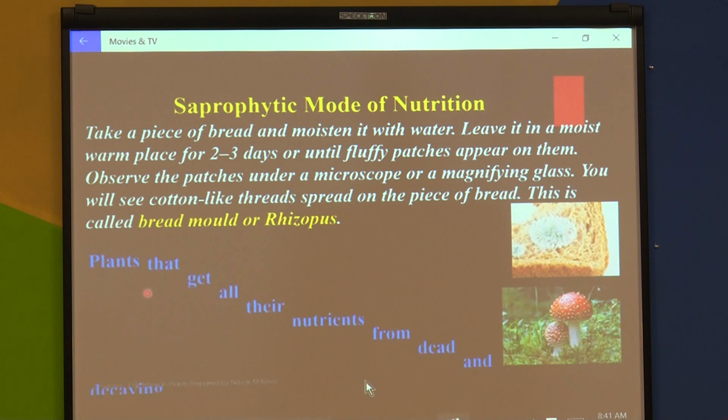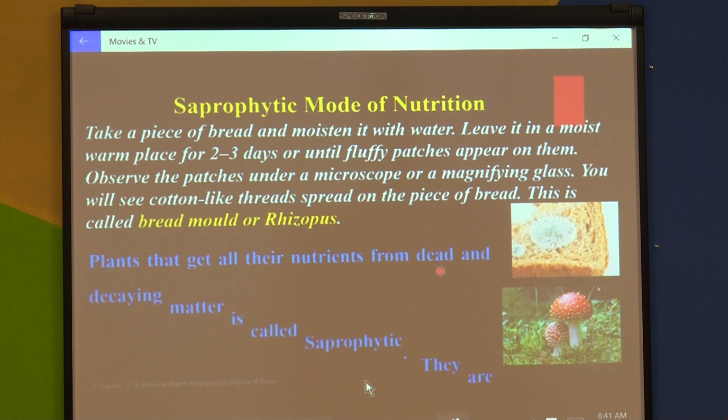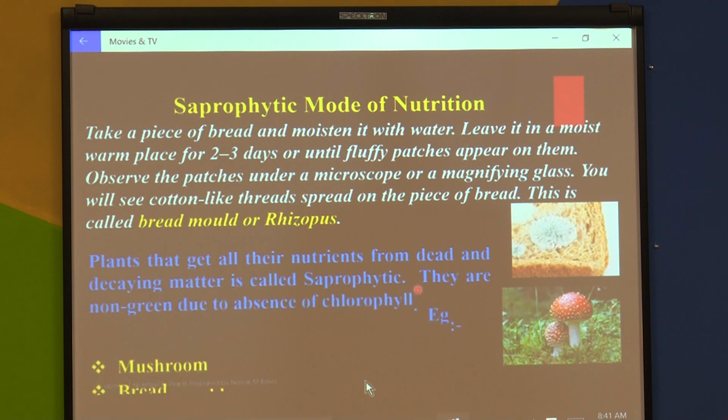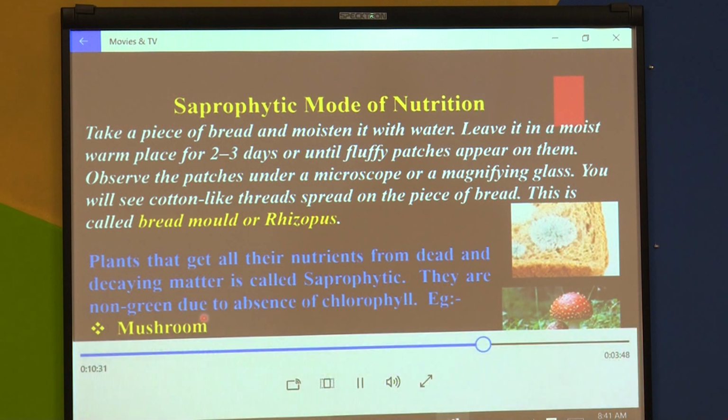Plants that get all their nutrients from dead and decaying matter are called saprophytic, and they are non-green due to absence of chlorophyll. So in saprophytic nutrition, plants get all their nutrients from dead and decaying matter.